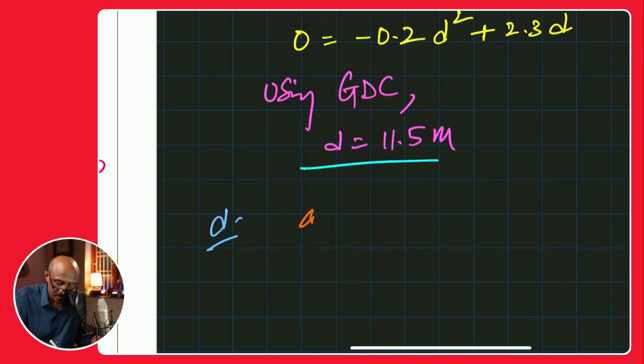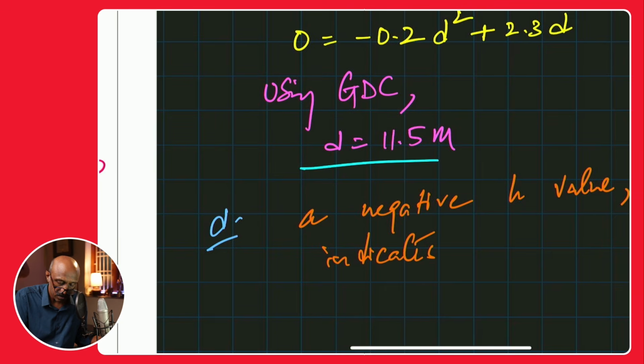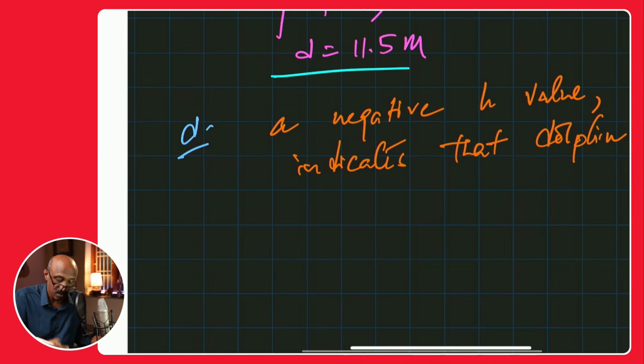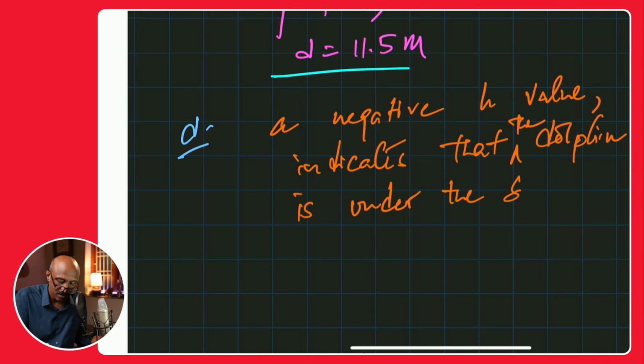I'm going to write: a negative H value indicates that the dolphin has entered the water, or that the dolphin is under the surface of the water.